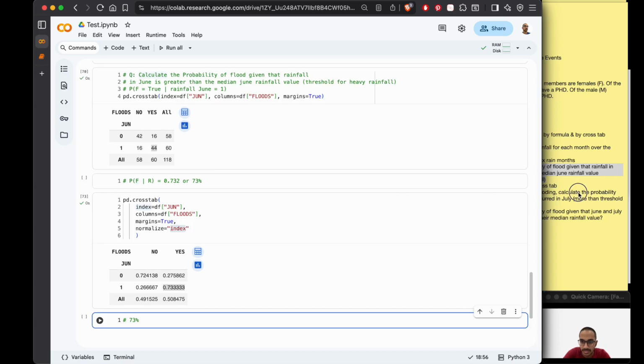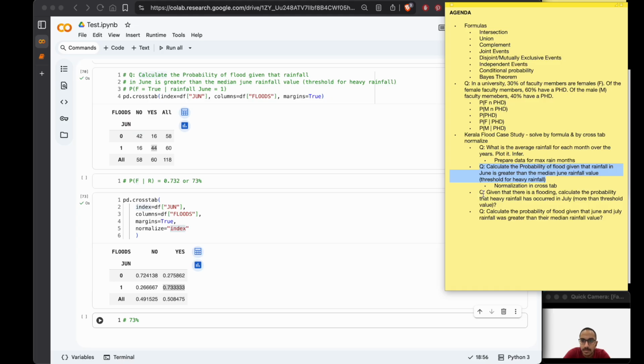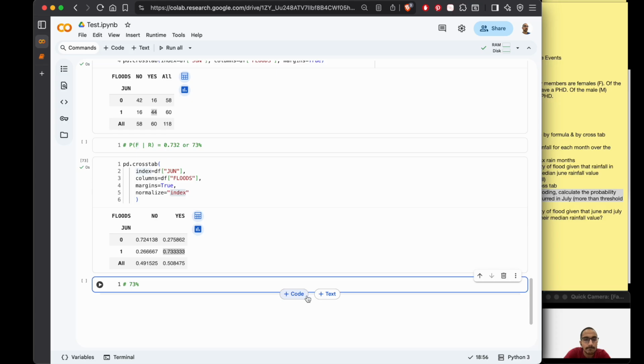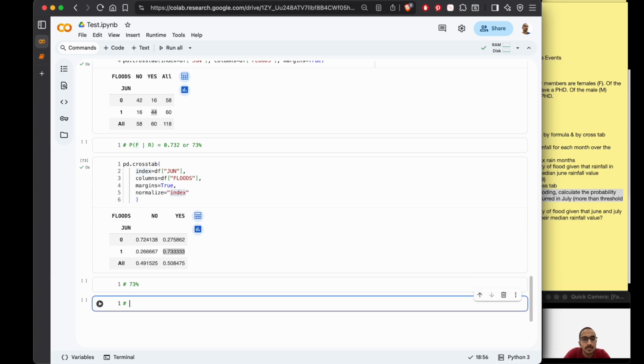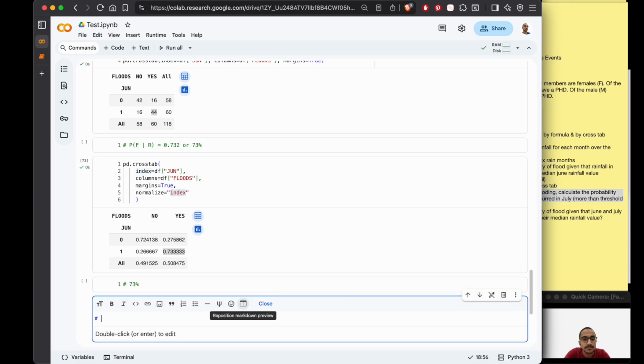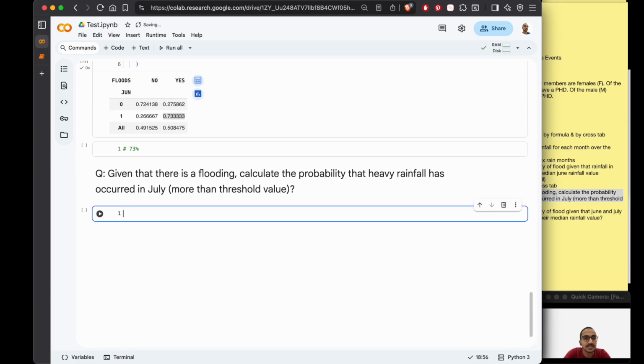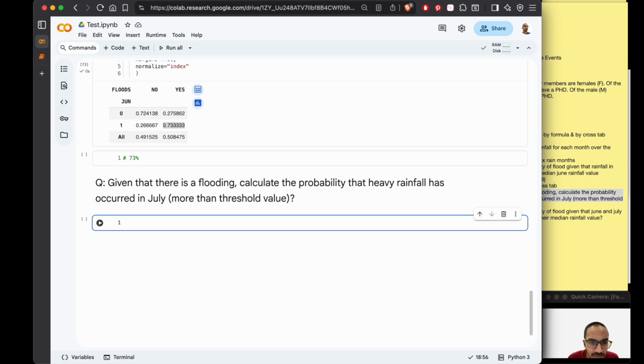So let's look at the next question. Okay, let me make it bigger. So the question is, given that there is a flooding, so what is it saying?